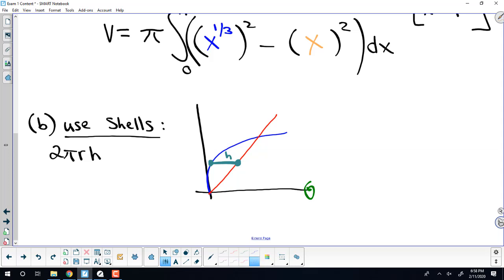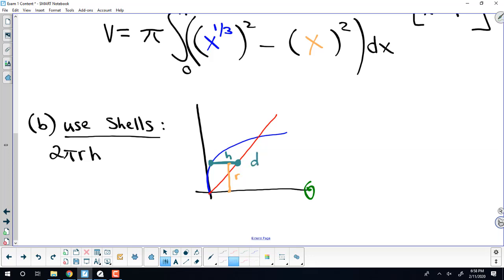What's the radius? Some y value, right? The distance from your cross sections, all of your cross sections, we've just drawn one here, to your axis of revolution in the shell method will always be your r. Okay, so we had to slice horizontally.